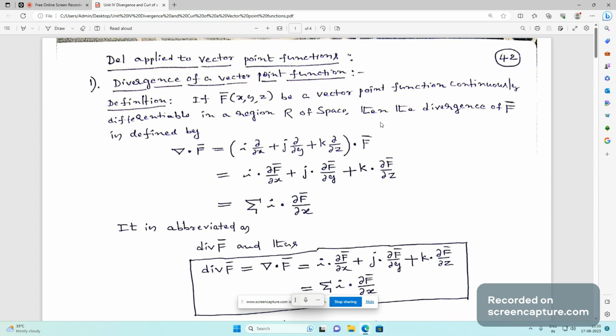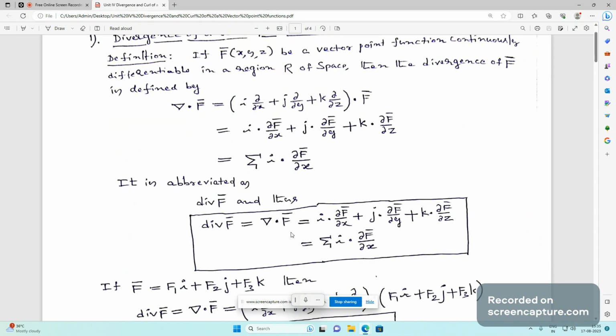Therefore, it can be written as i dot dou a bar by dou x plus j dot dou a bar by dou y plus k dot dou a bar by dou z, or in short notation, sigma i dot dou a bar by dou x. It is abbreviated as div a bar.